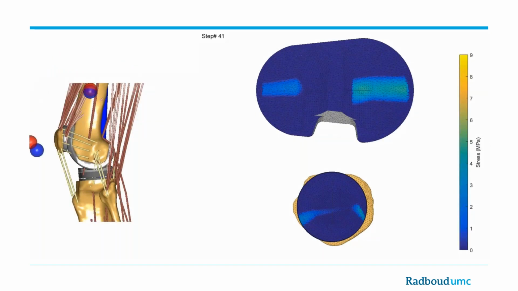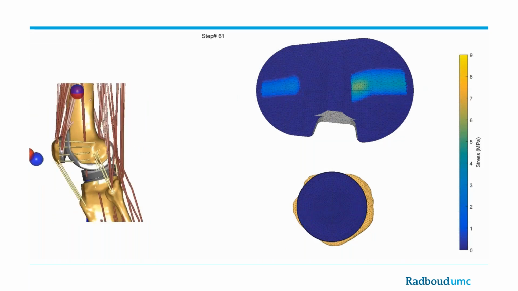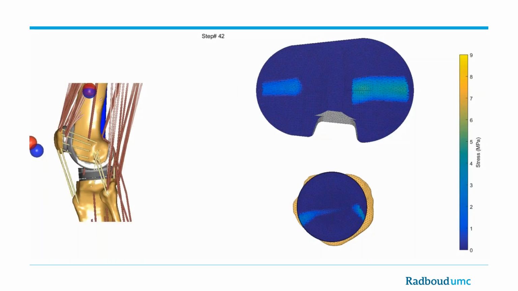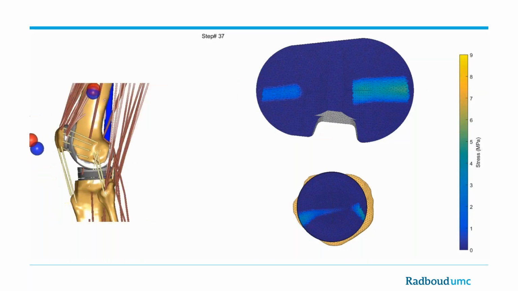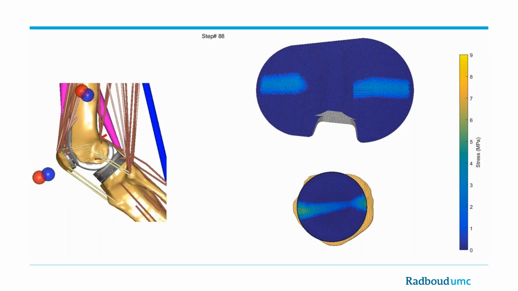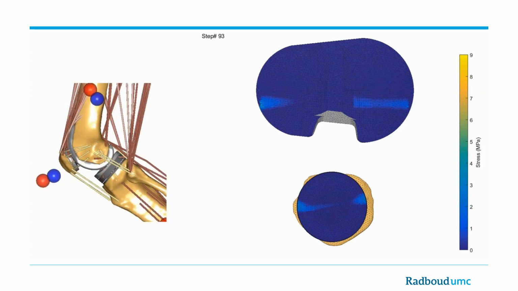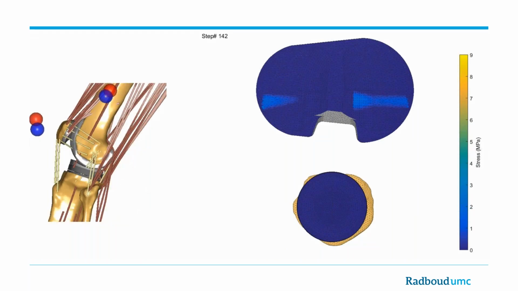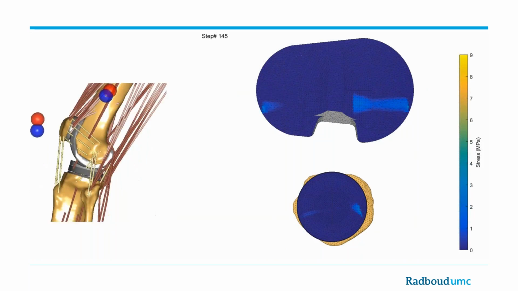So these were the results that we obtained with the same model that we saw before during the performance of a gait analysis. For the patellofemoral joint and tibiofemoral joint, we computed contact pressure, and this gives much more information than just knowing the center of pressure and the net contact forces, because we actually study the distribution of pressure over the surface.